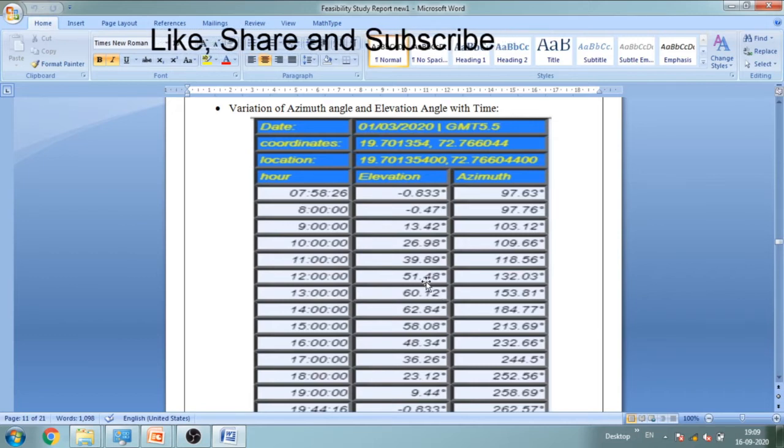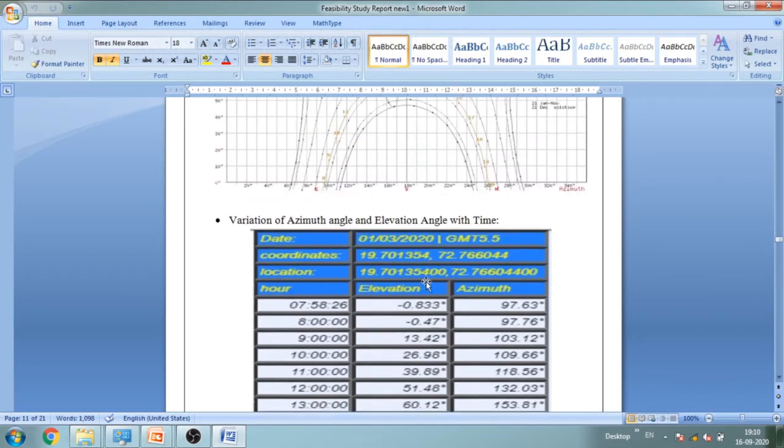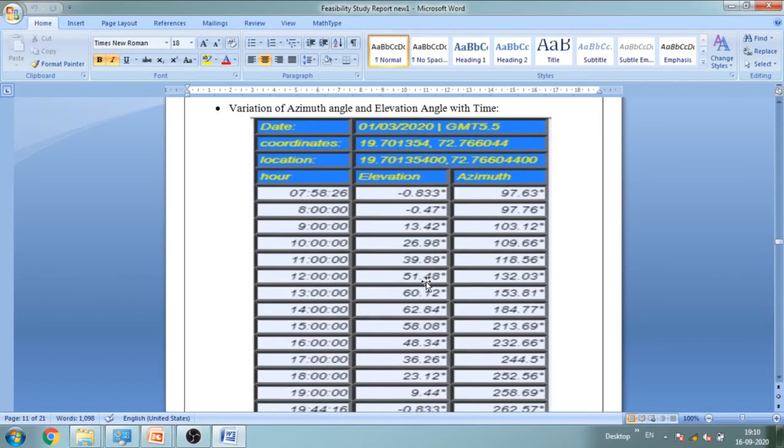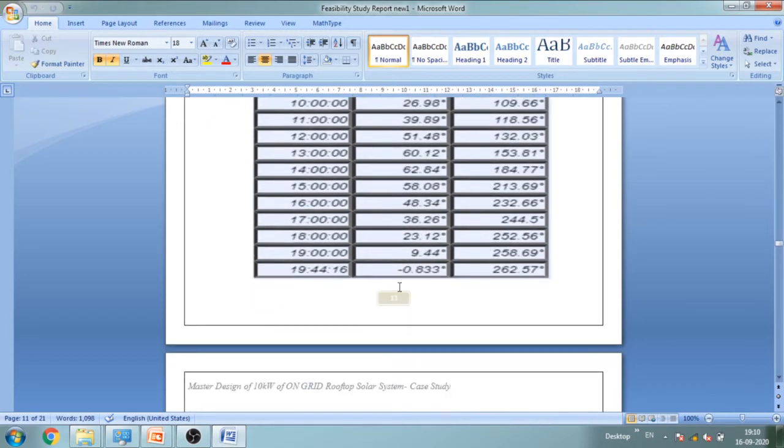This elevation angle basically decides, if a 1 meter wall is present over the rooftop area, what shadow could fall over a solar panel. So we can get this idea from drawing the sun path diagram. Also we can get an idea of where to install the solar panel, and of how to decide the tilt angle of a solar panel.